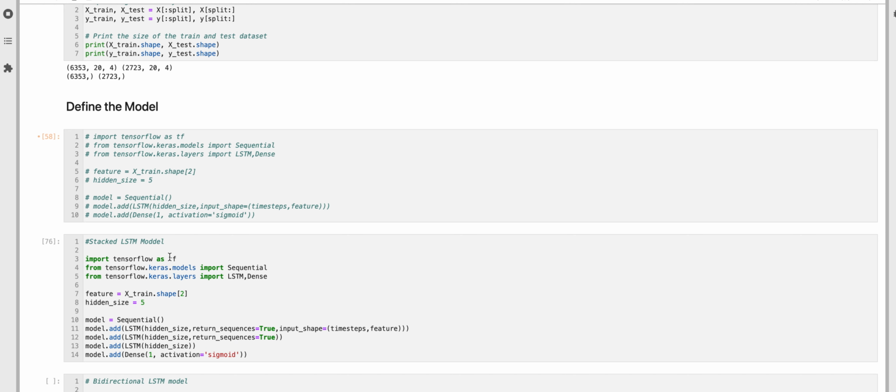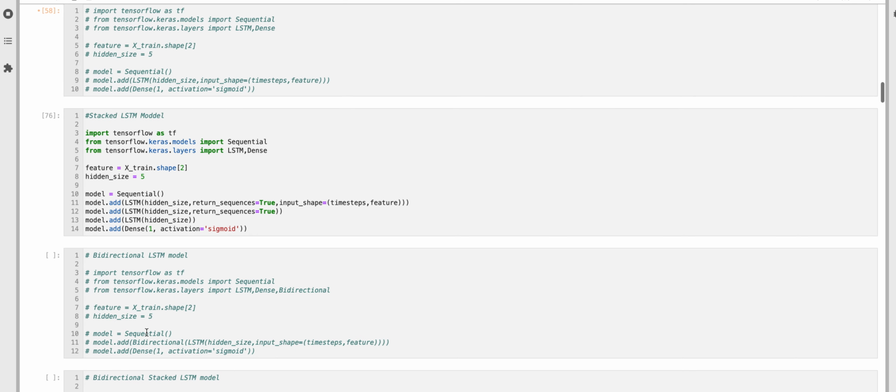Or you can use a more complicated LSTM model with few layers stacked together, or you can even try out the bidirectional LSTM model. We have tried all the 3 models and we don't find any significant difference in the performance. So for this tutorial, we will just demonstrate the stacked LSTM model.